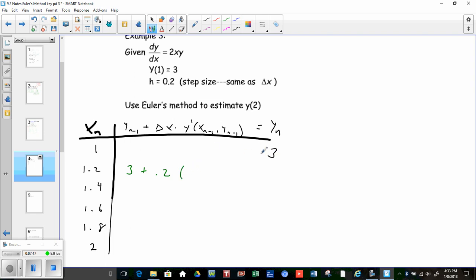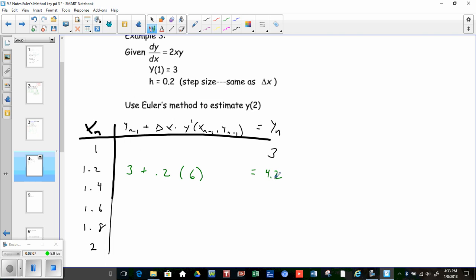Now this time I do have to plug in x is 1, y is 3, and when I do, I get 2 times 1 times 3, which is 6. Maybe I'll do one more. So that's going to be 0.2 times 6 is 1.2, plus 3 is 4.2.